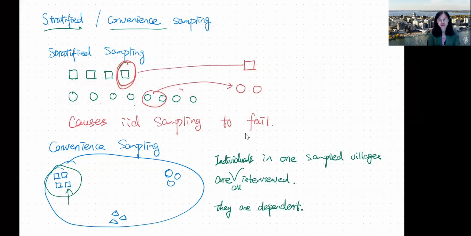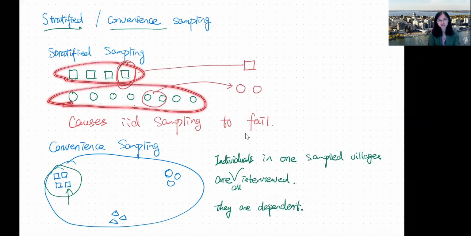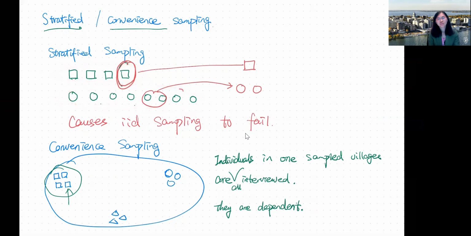For example, in this population, there are square people and there are circle people. So you first stratify the population into the square people and the circle people. Let's say you want to randomly sample 25% of the population. After the stratification, you draw 25% from the square population and form your square sample, and from the circle population you draw 25% randomly, and that forms your circle sample.